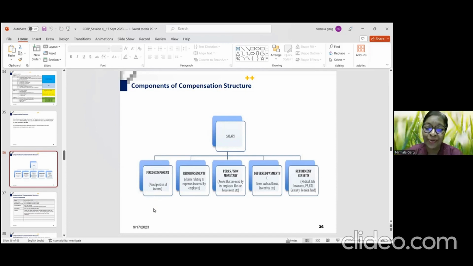So to ensure the employee also gets the maximum, they will give some in benefits, some in reimbursements, so that the fixed component is reduced and the tax deduction is not much.